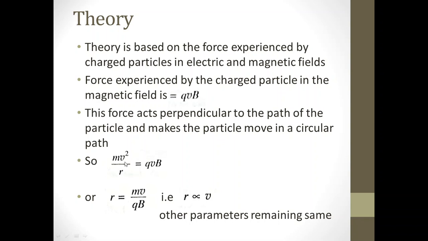From this expression we can find an expression for the radius of the circular path. Here m is the mass of the particle, q is the charge of the particle, and B is the externally applied magnetic field. If m, q and B are constant, you can see that the radius of curvature is proportional to the velocity of the particle, other parameters remaining the same.